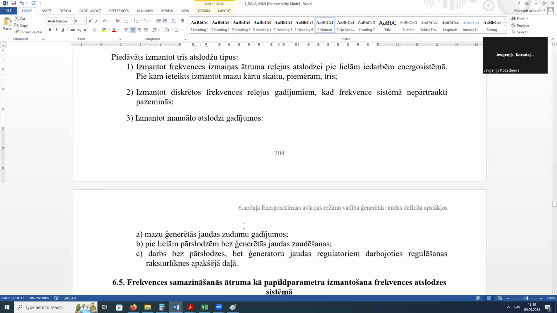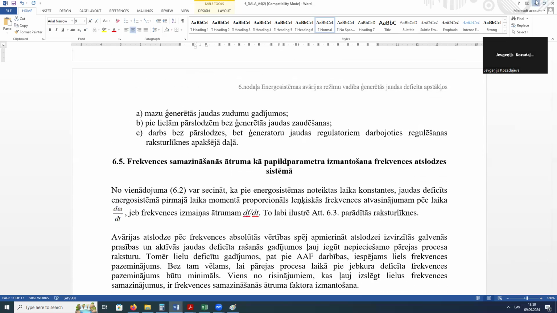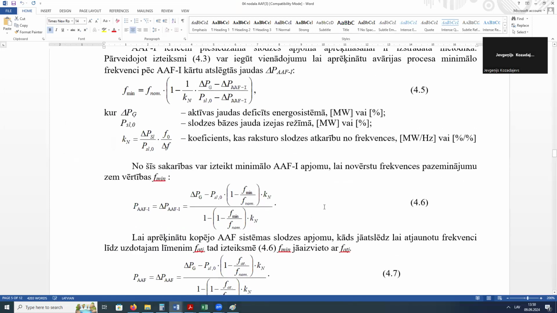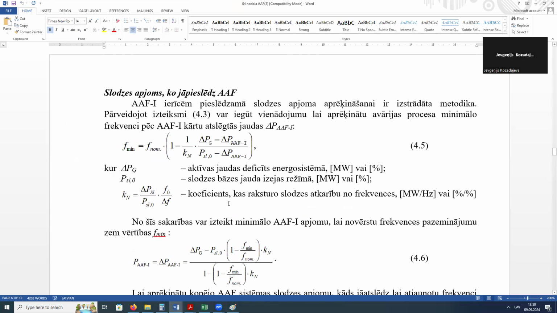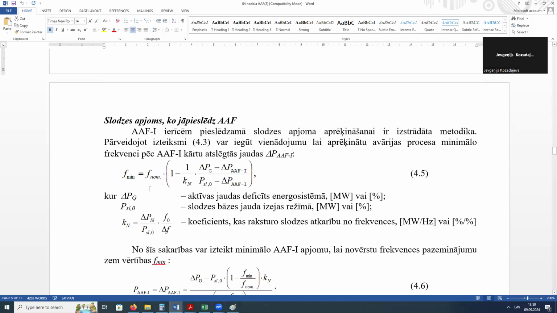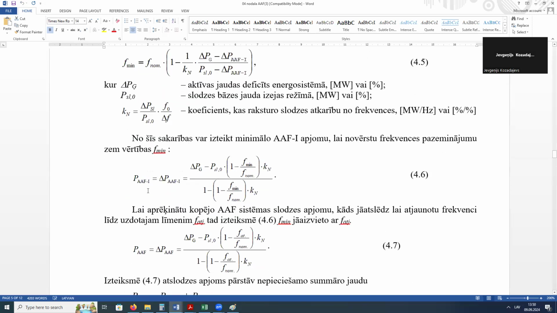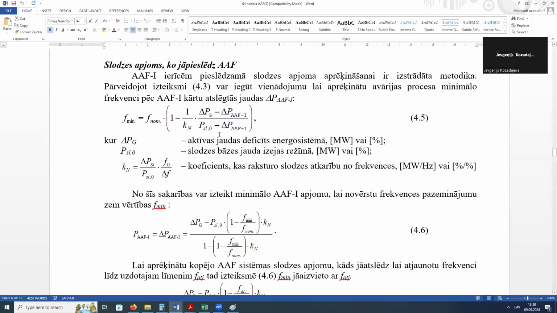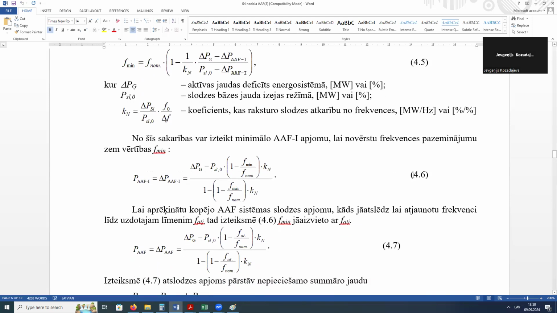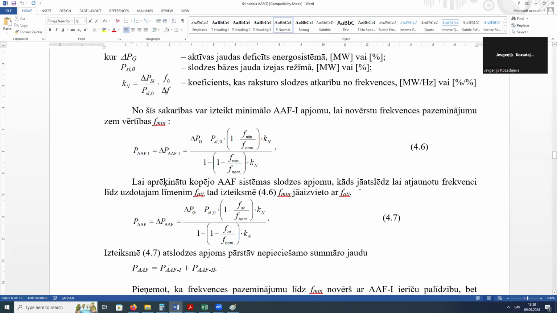Yeah, this is interesting. Okay, so let's come back to the formulas. I think we need to start with formulas 4.6 and 4.7, because it is very important for us to understand the power of the load that we need to connect to this under frequency automation.